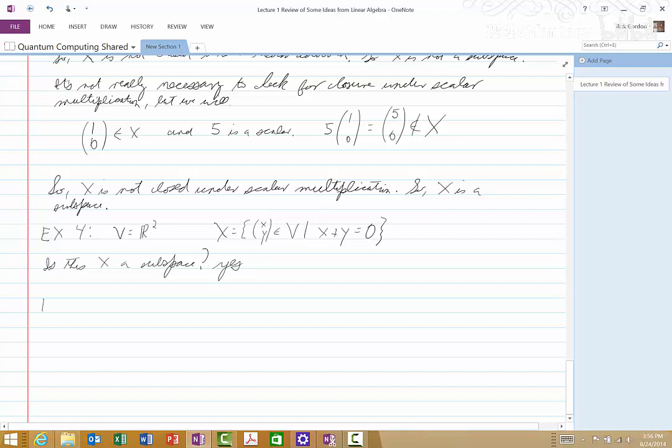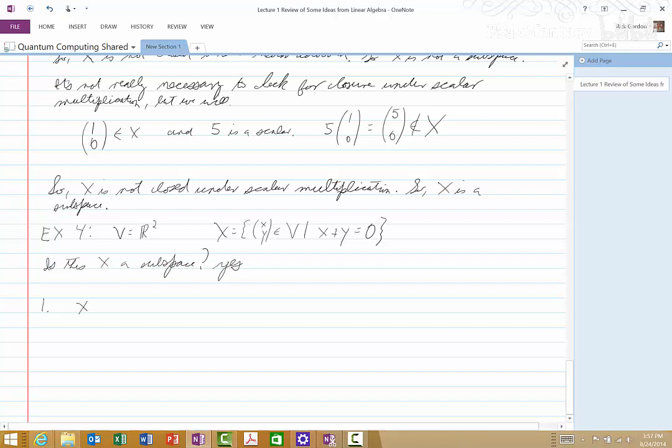And let's see how we would go about verifying it. Remember, when we're trying to verify that something is a subspace, we need to try to be general. I'm not going to write out every single detail now, because we've done this enough. We're going to first check property 1, which is closure under vector addition.